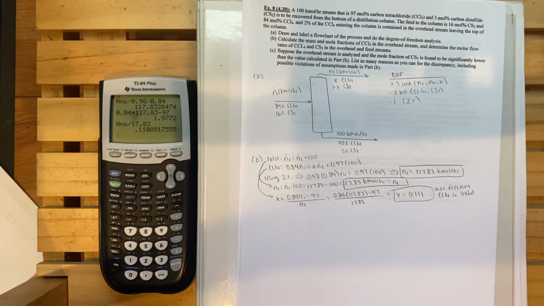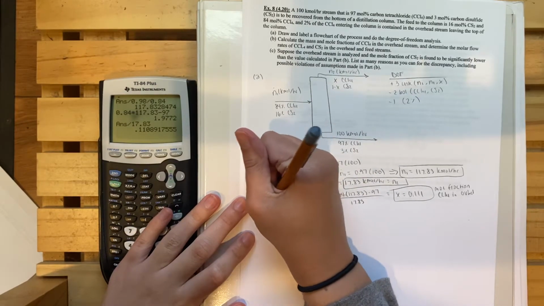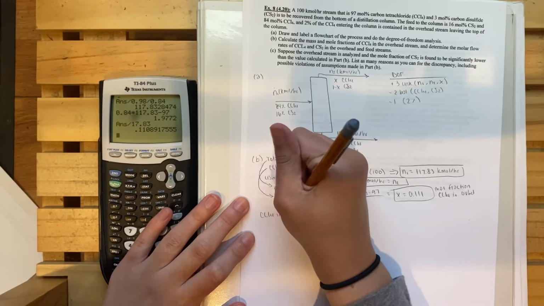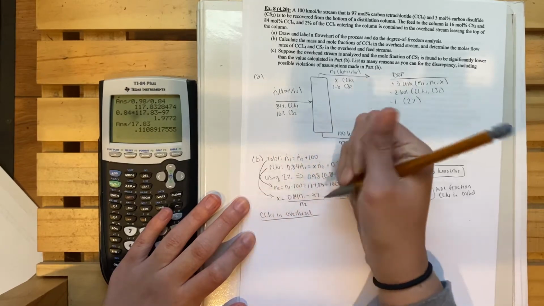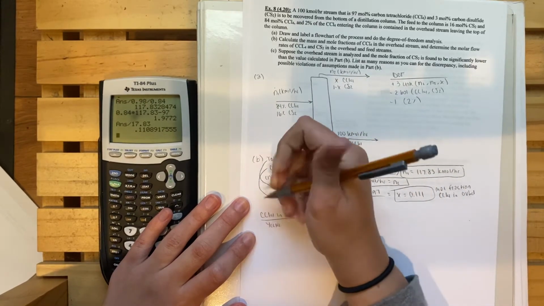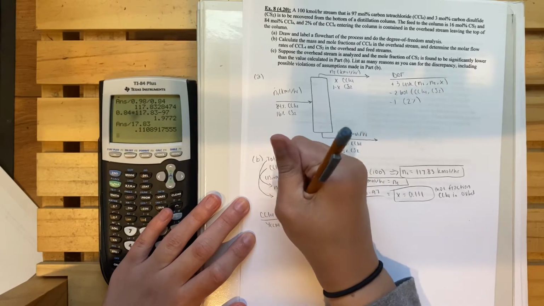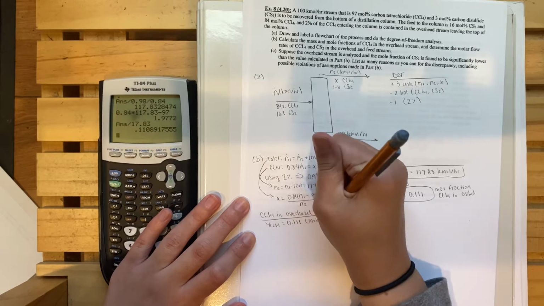Now we're going to do a calculation on CCl4 in the overhead stream. So y of CCl4 is equal to 0.111. That's the mole fraction. We just figured that out.